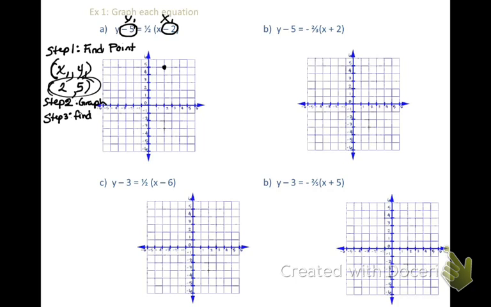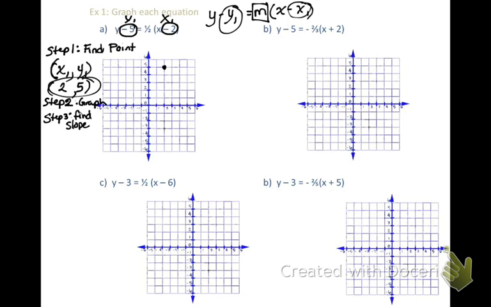Step 3, find slope. If you remember correctly, it looked like this: y minus y1, that's my number, equals m times x minus x1. And m is your slope. We used m as our slope in the last formulas, so we're going to keep m as my slope.